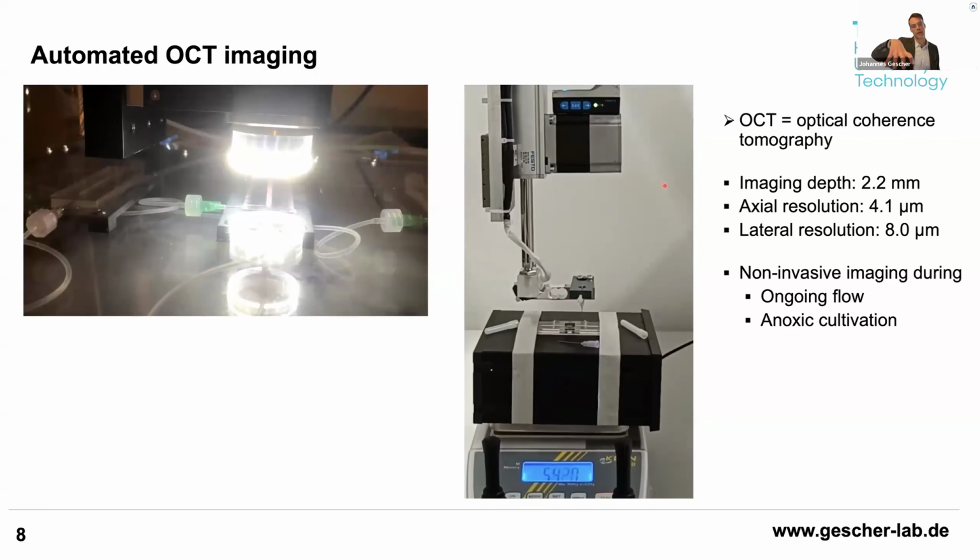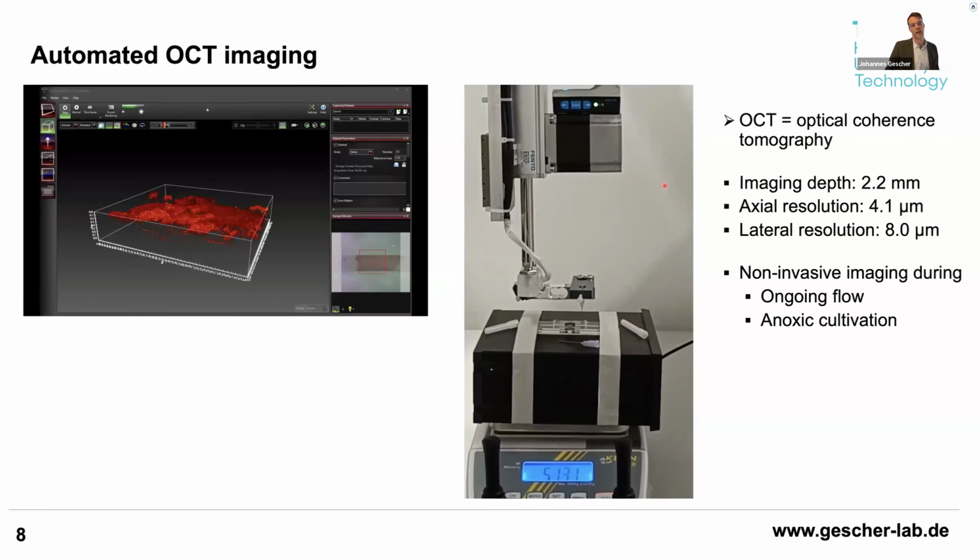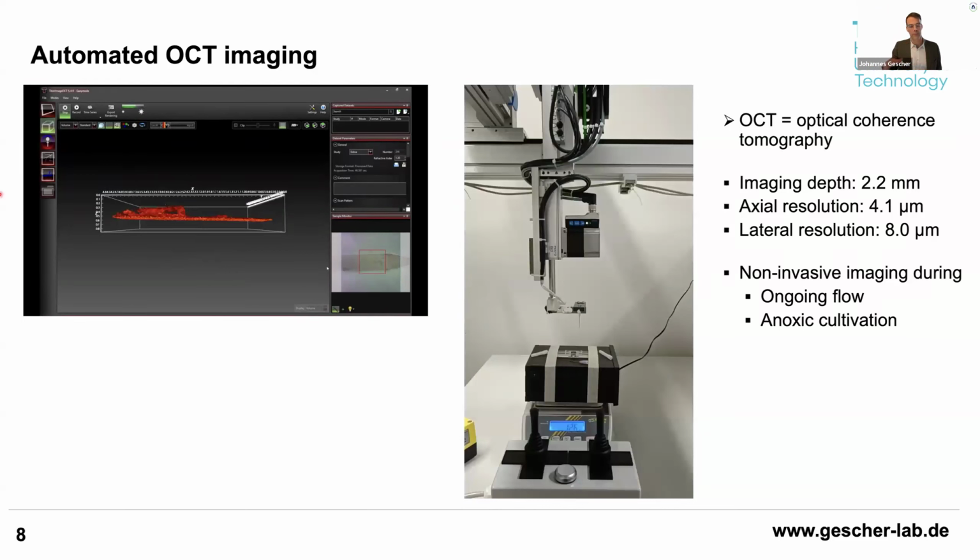And this is what you see on the left-hand side, we can bring them right over the specimen at arbitrary positions, and we can also automate this overall process when the robot is taking samples and so on and so forth. And then we get a three-dimensional impression of the biofilm structure. We see void spaces, we see how thick it is, we see what the three-dimensional architecture is, and we see this in a resolution of roughly 8 micrometers.